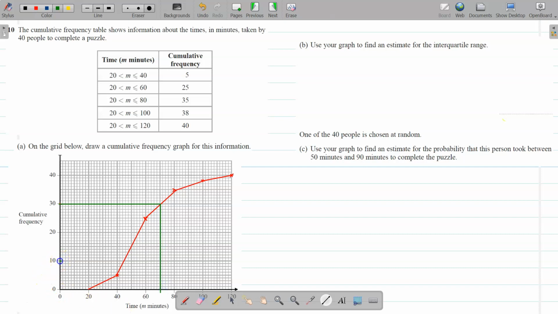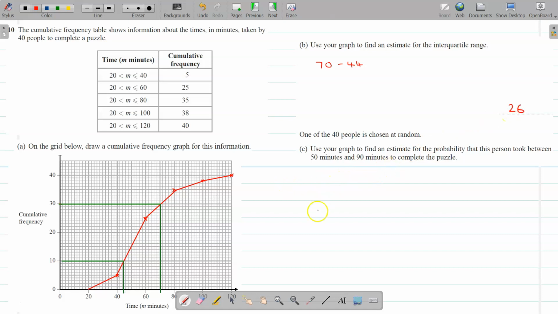Go to the lower quartile, 10, hit the graph, drop down and read off what you get. Looking at that, I've got 70 minus, that's about 44. So 70 minus 44, and that's the interquartile range, and that is 26.